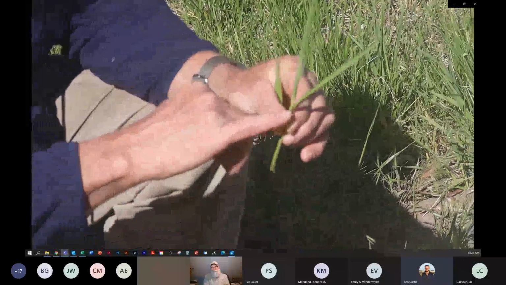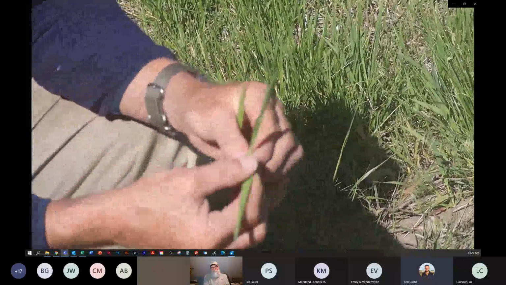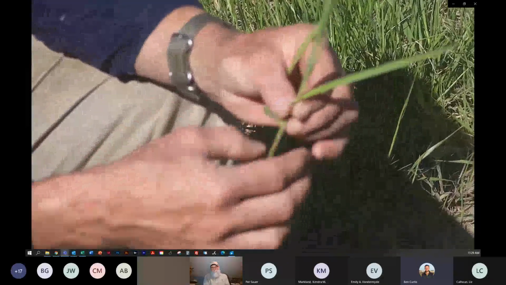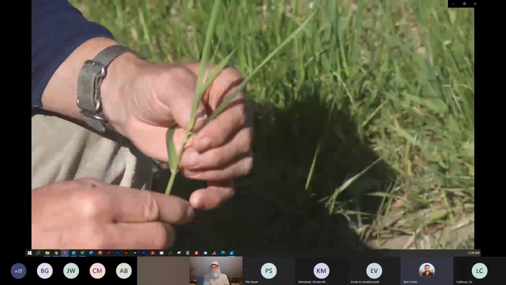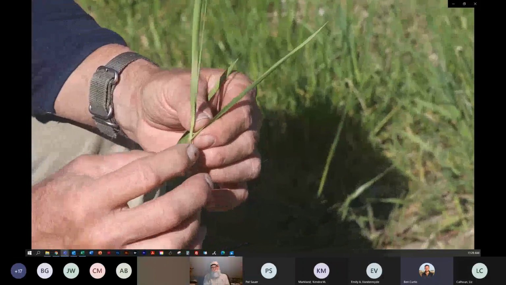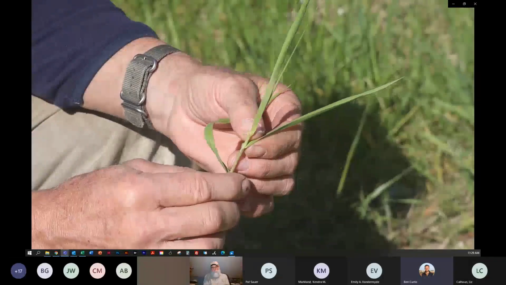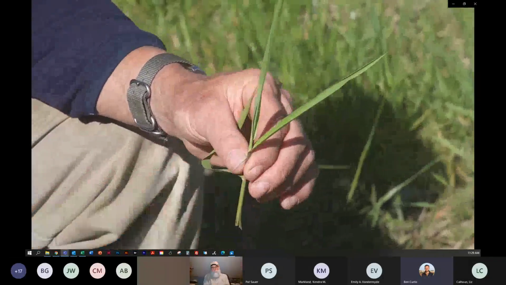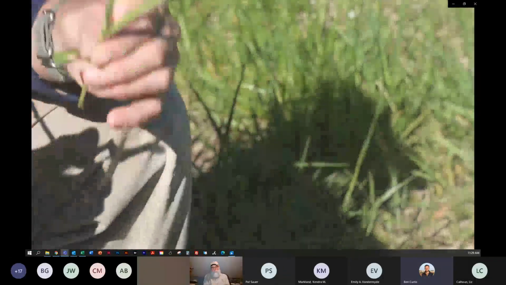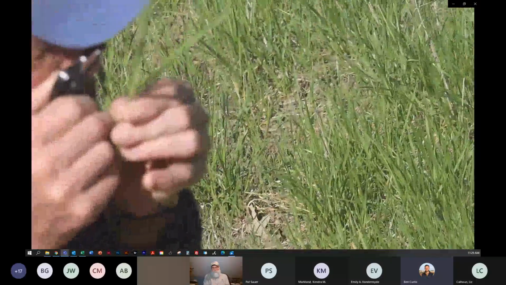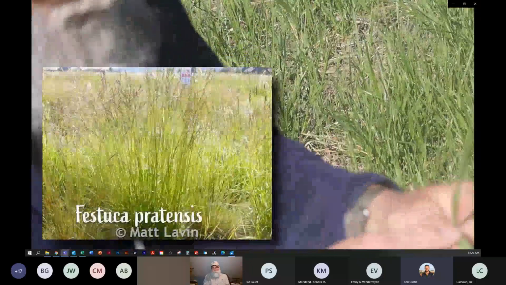I'm going to look at the base of the leaf right down here, where the ligule is, and where there are some little auricles, which are little ear-like lobes on either side of the stem here. Verifying once again, I don't see any hairs at all in that area.